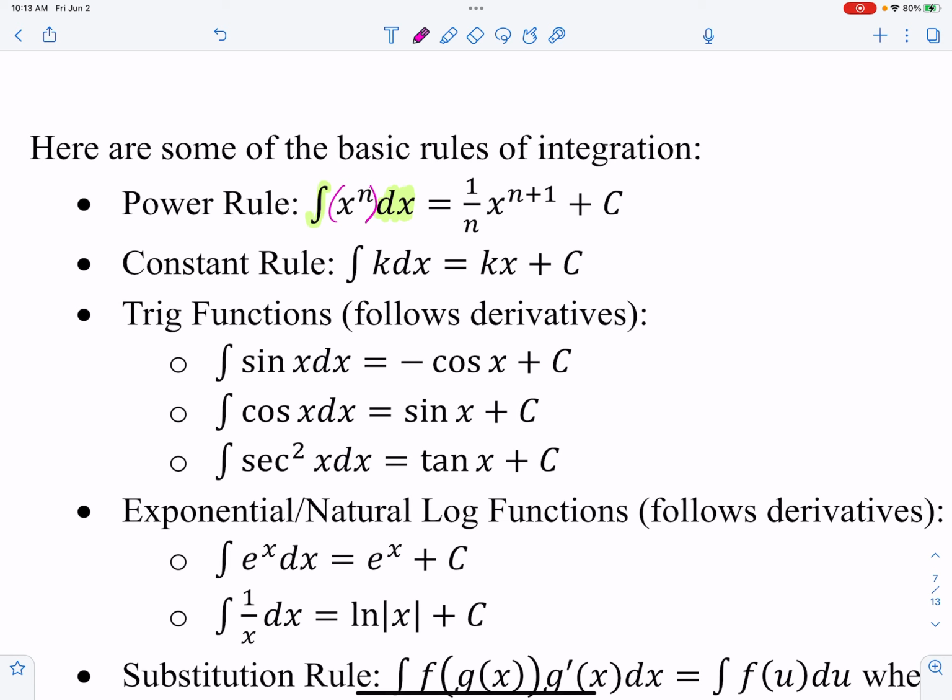Just like with differentiation and just like with limits, if you have a function that you can think of as a sum or difference of functions, you are allowed to split the integral up and then add up all of those integrals, so integrating each term. So that's why it's really important that you have parentheses around the integrand so that it doesn't look like you forgot an integral symbol or a dx symbol in your integral.